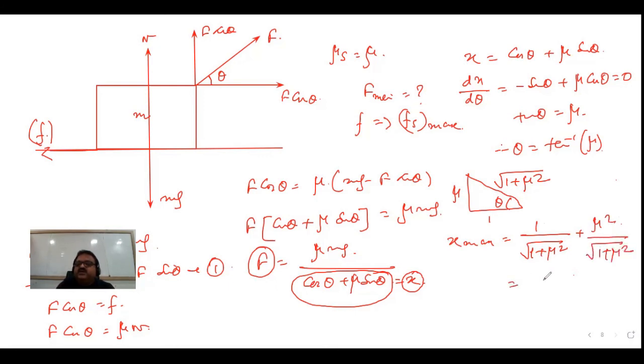This would be equal to root of 1 plus mu square. So what is the value of F minimum? It is equal to mu mg divided by root over of 1 plus mu square.